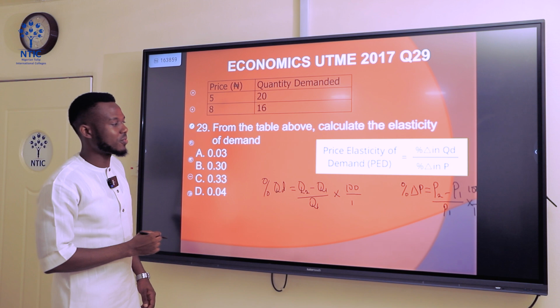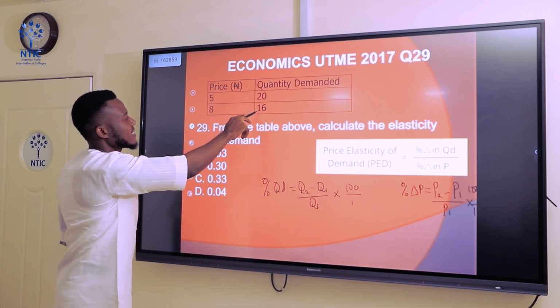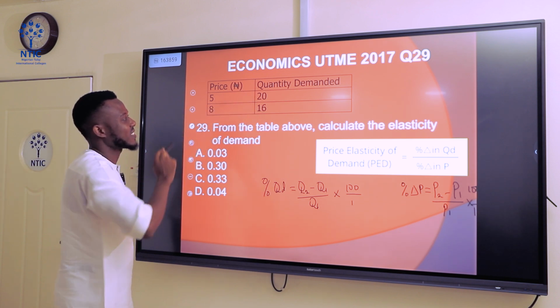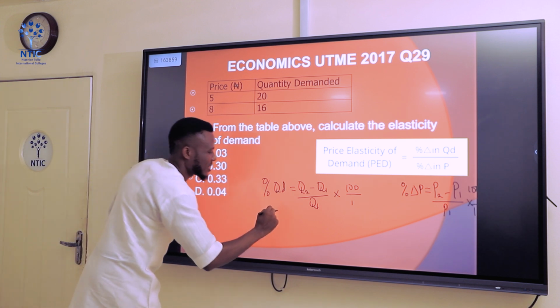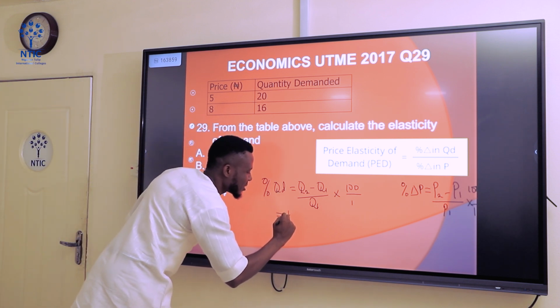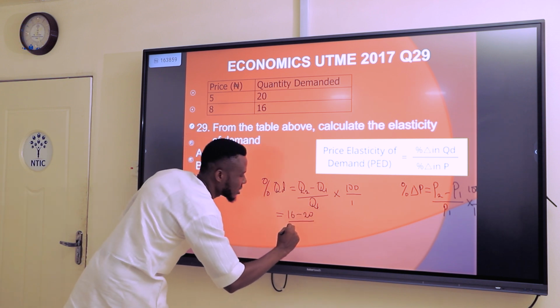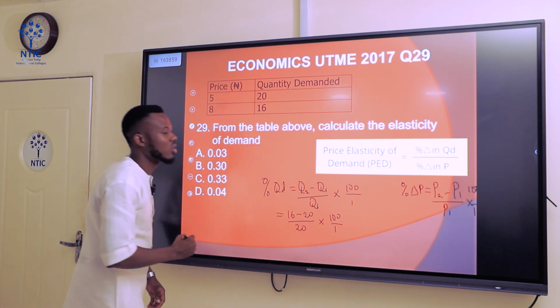Substituting into the formula. From the table, the new quantity is 16. The old quantity is 20. So we have 16 minus 20 all over 20 times 100 all over 1.